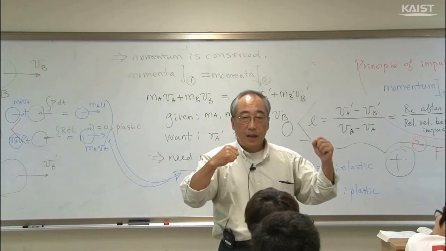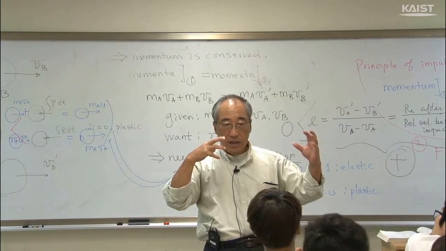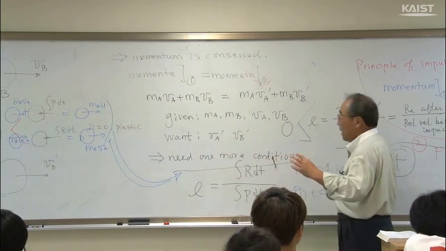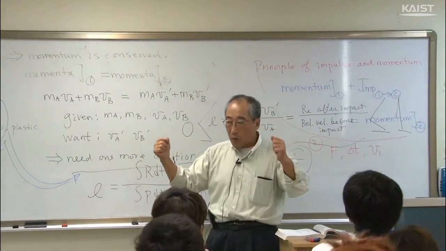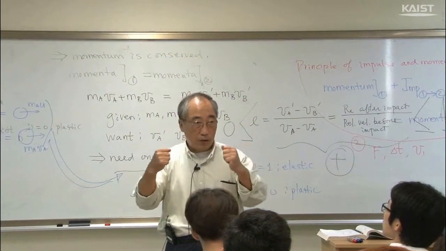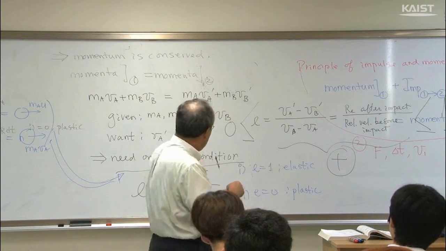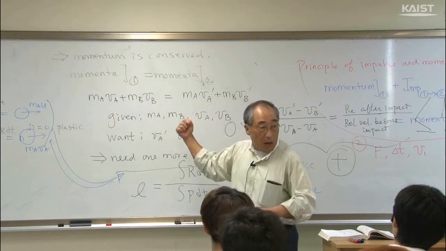And after collision, vB prime has to be smaller than vA. What kind of velocity do we have to use when these two come together? Because we are using the coordinate this way, and that one is minus.